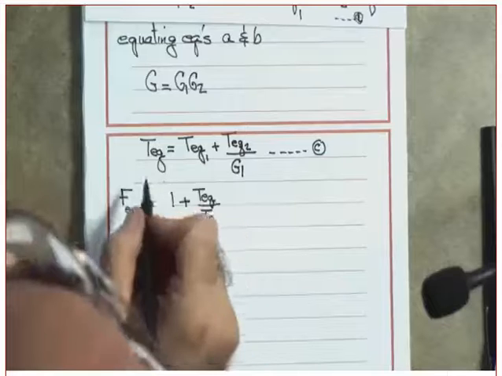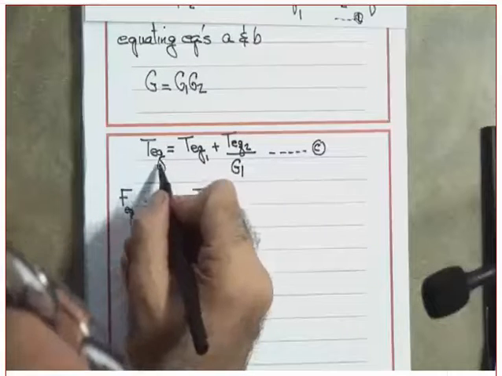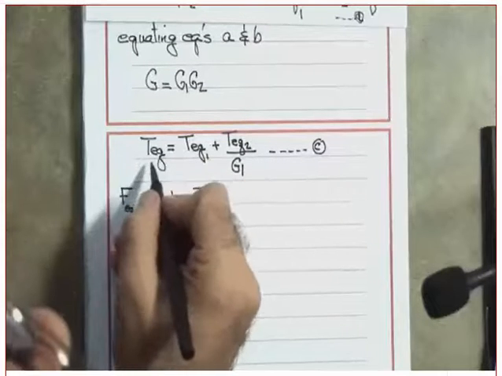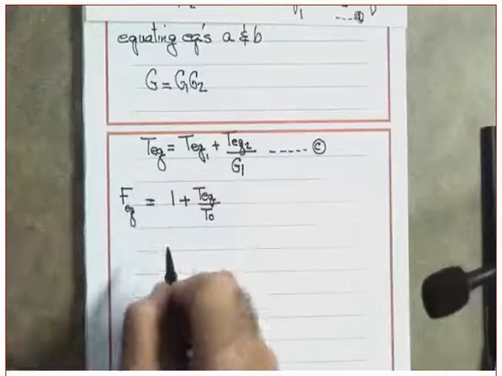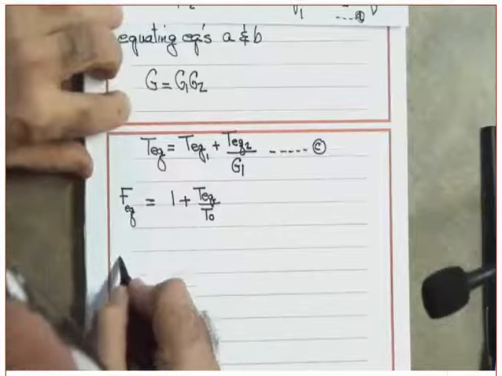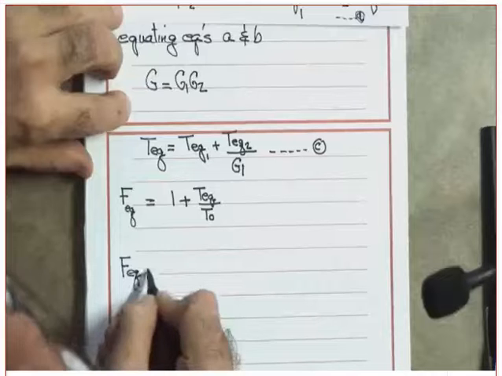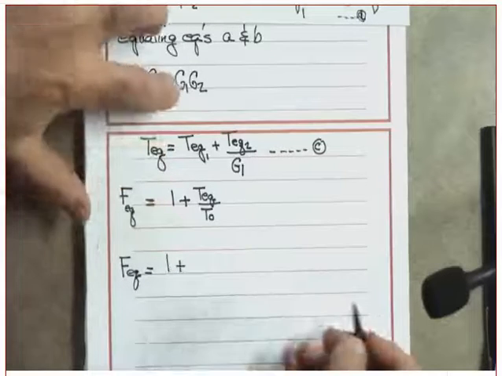Now, listen to me. Divide this by T0. Can I divide this by T0? Yes. I divide every one of them by T0. What do I get?